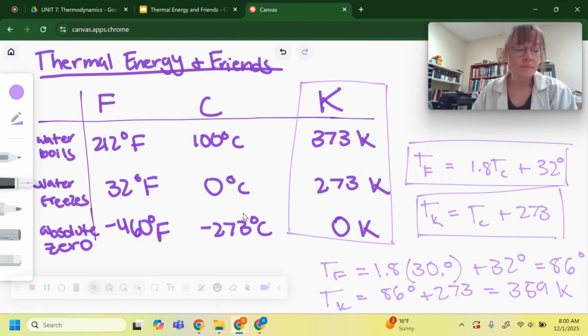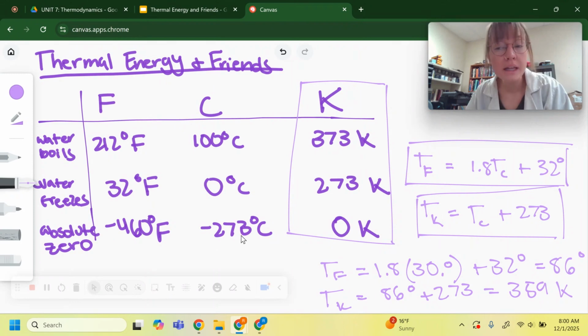Here's what's true. 20 degrees Celsius is not 2 times warmer than 10 degrees Celsius. 20 degrees Celsius is not 2 times hotter than 10 degrees Celsius. But 20 Kelvin is 2 times hotter than 10 Kelvin. Here's why. It's because Celsius doesn't really start at 0. It really starts at 273.